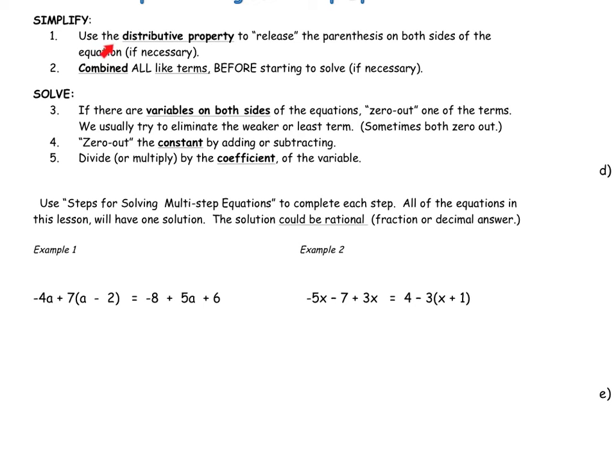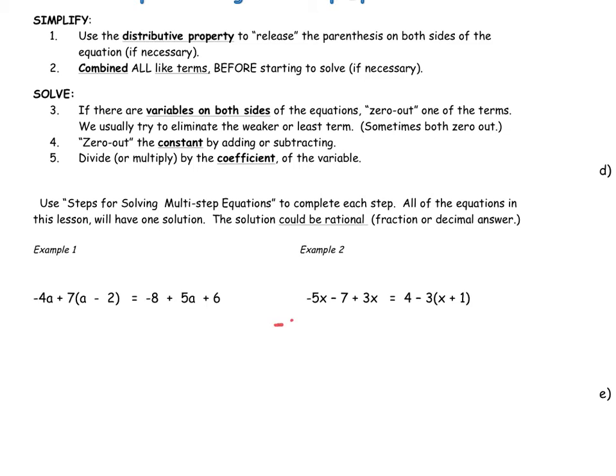All right, we're going to start by seeing if we need to use a distributive property to release the parentheses. And if not, we're just going to drop everything down that is not being used. So for instance, on this side of the equation, I don't see a set of parentheses, but on this side I do. So I'm going to go ahead and just rewrite what I see on the left side of the equation.